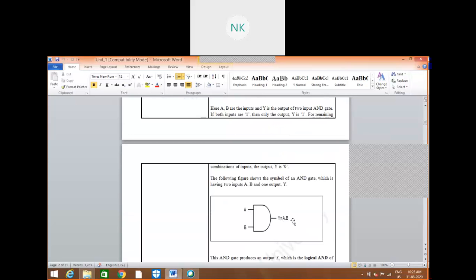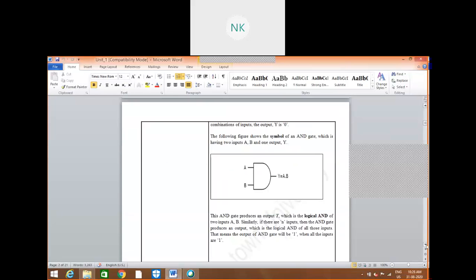Here we are using two input signals, so the possibilities in the truth table will be 4. So what is the use of the truth table? Can you tell me?